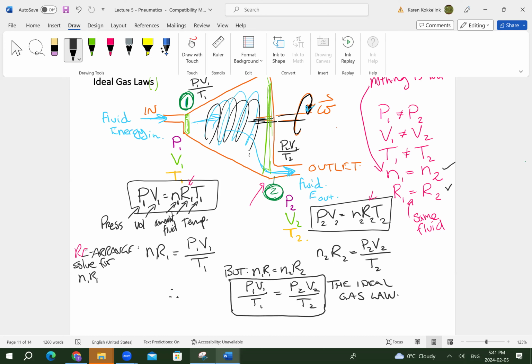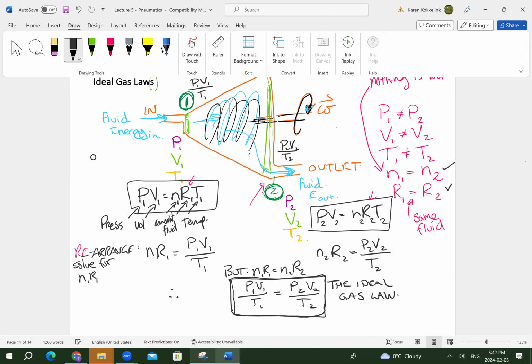If you hold volume constant, then P1 over T1 equals P2 over T2. Yes, that is true. But that breaks it into three laws, and those are called Boyle's law, Gay-Lussac's law, and Charles' law. So that's why people say ideal gas laws, but this is the ideal gas law.